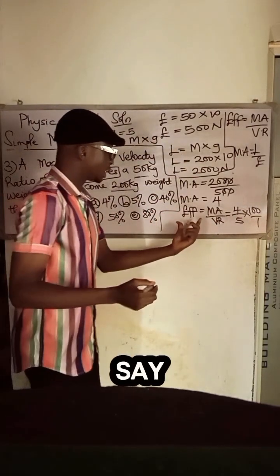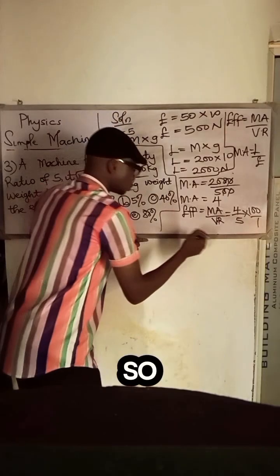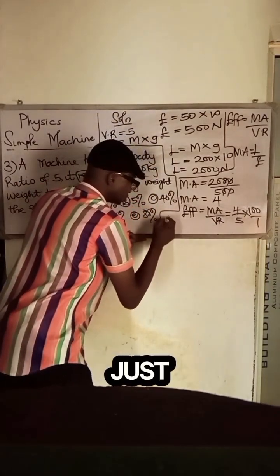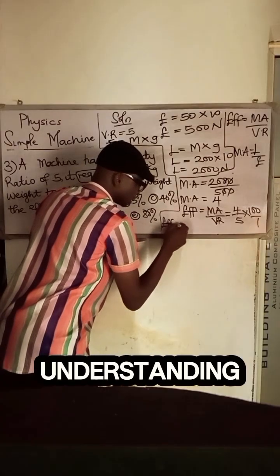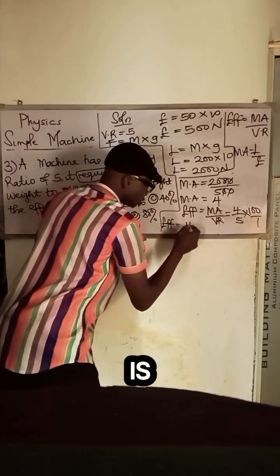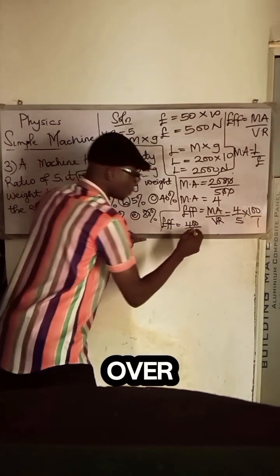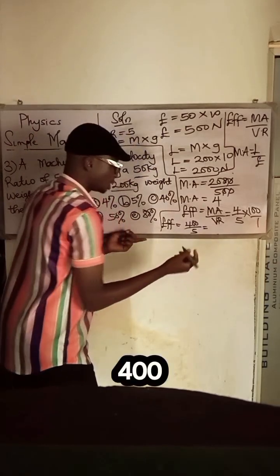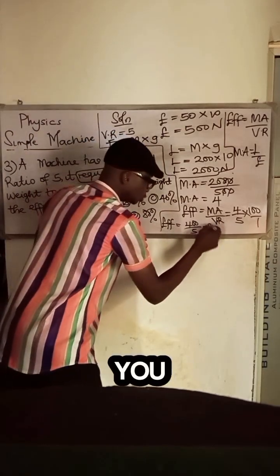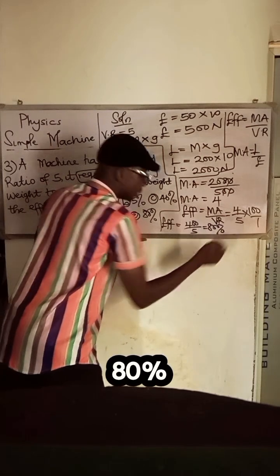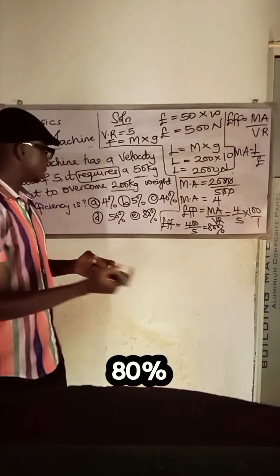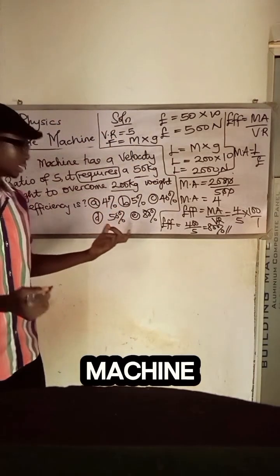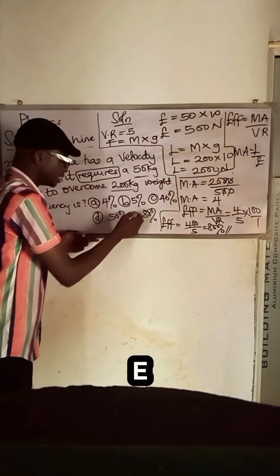Please, because we say efficiency is in percentage. So let's simplify: 4 times 100 is 400 all over 5, and 400 divided by 5 should give you 80%. Right? 80%. So this is the efficiency of this machine, which makes it option E.